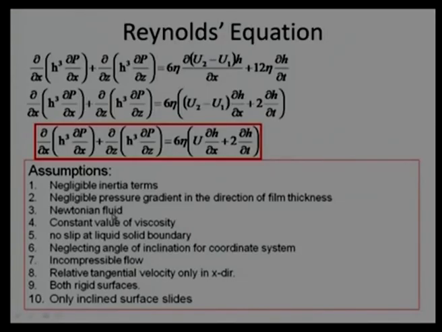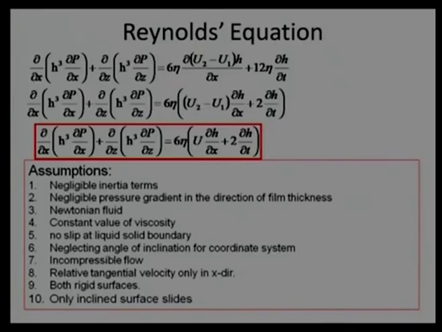Then we assume Newtonian fluid, and interestingly, most of the liquids are non-Newtonian liquids, they are not Newtonian liquids. Then we assume a constant value of viscosity, which we know very well, viscosity will not remain constant. It is a strong function of temperature. Then there is no slip at the liquid and solid surface.